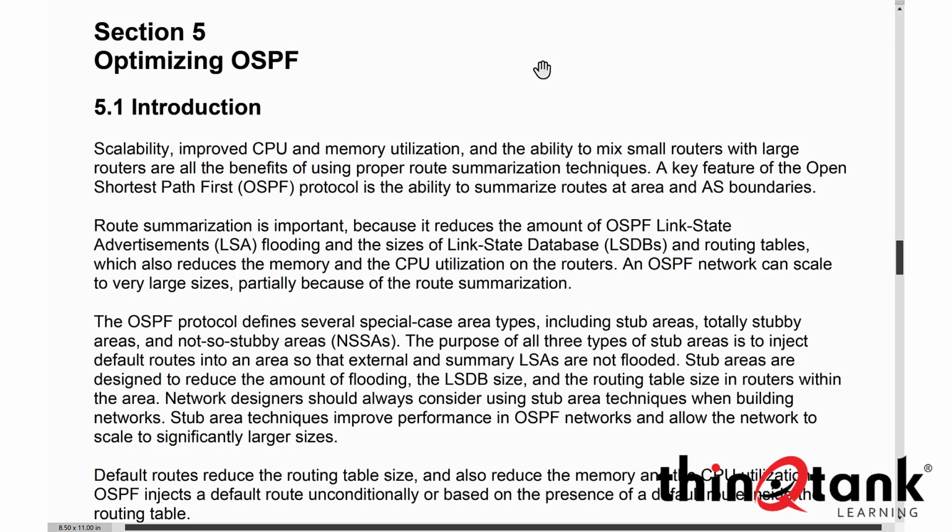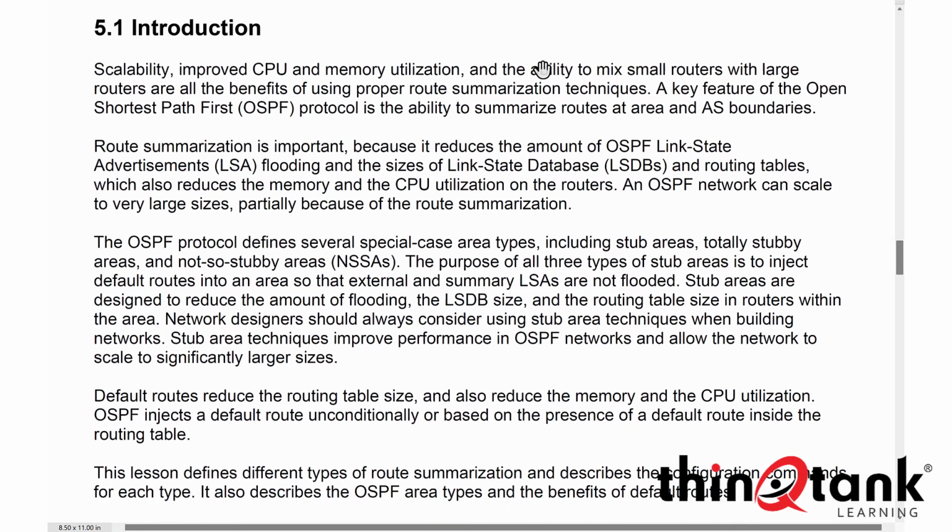In addition, we want to reduce the amount of LSA flooding that occurs in the domain by essentially creating these natural boundaries or natural barriers for that link state flooding to occur. So we're going to talk about that in this section.